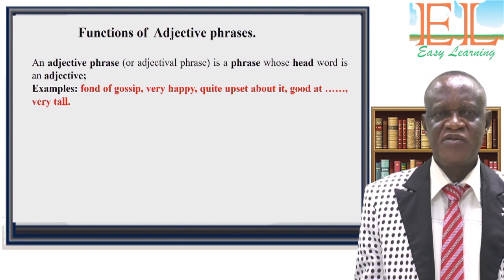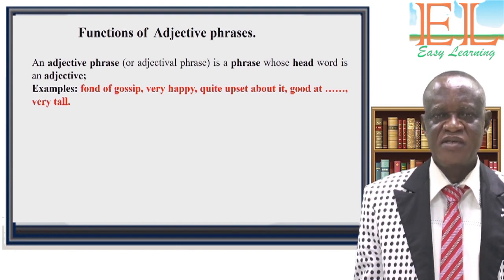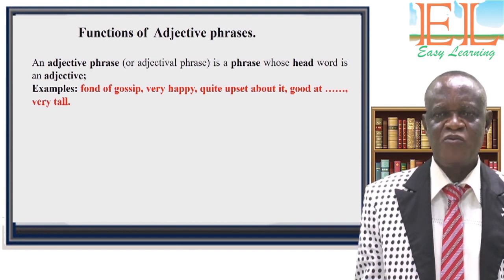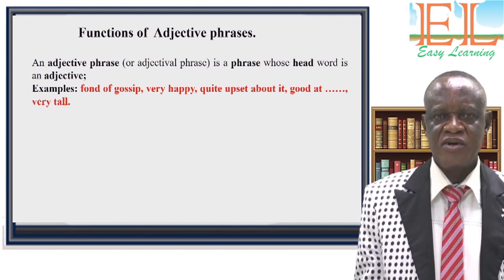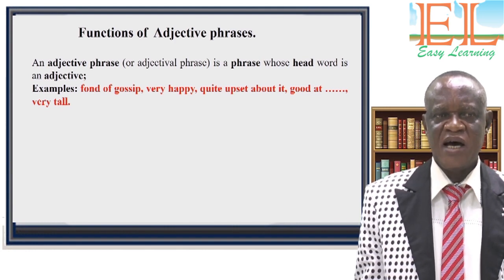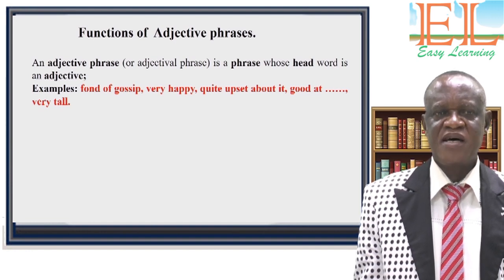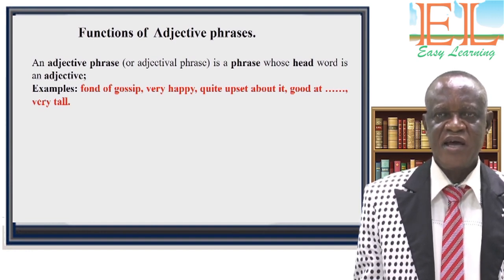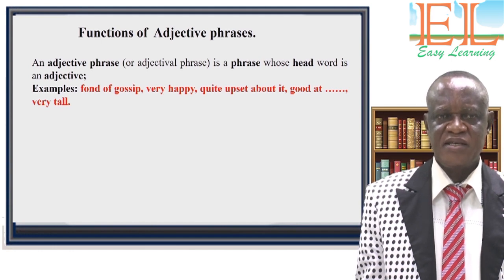An adjective phrase or adjectival phrase is a phrase whose head word is an adjective. Examples are fond of gossip, very happy, quite upset about it, good at, very tall. You realize that in all these phrases, the head word is an adjective.